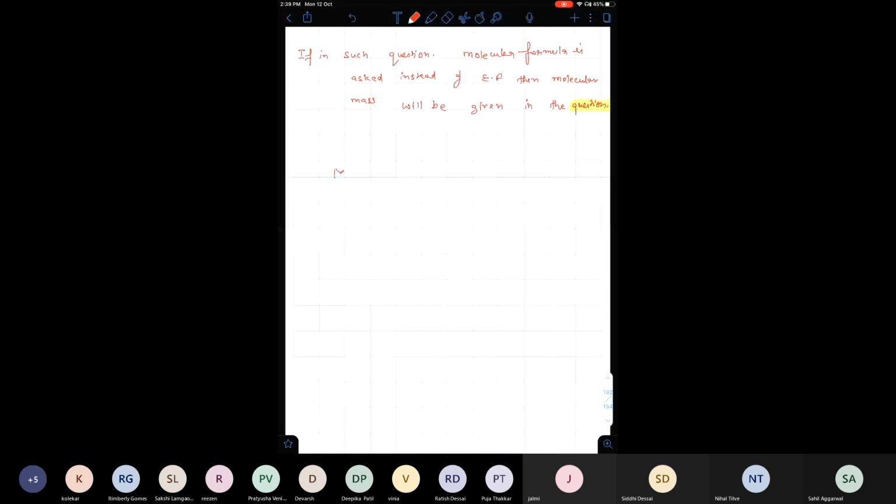How to calculate molecular formula? Molecular formula is empirical formula into N. How to calculate N? N will be molecular mass divided by empirical mass.